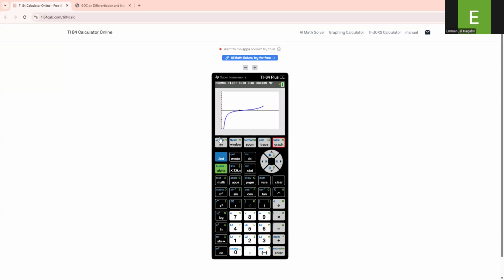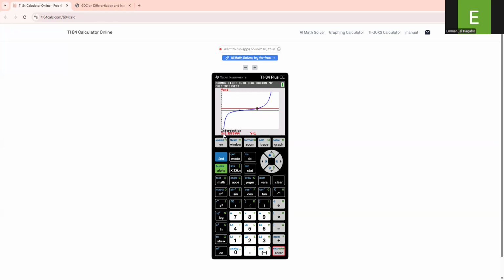Okay, sketch the graph. Now the next thing, as I told you, I'm teaching you how to use your GDC. Now I need to get the point of intersection. You get it by pressing second, then point of intersection is 5, so press 5, and you just simply press enter, enter, enter. So when I do that, the point of intersection for the x value is 1.96, because it's 1.957.